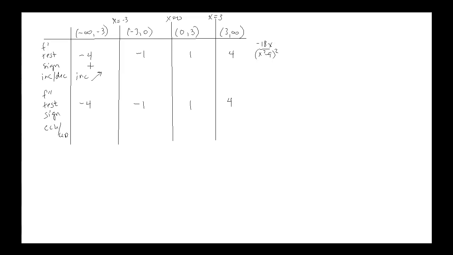It would be increasing on this particular interval. Same thing for negative 1, negative 18 times negative 1, that's positive, still increasing. Okay, if I plug in positive 1, negative 18 times positive 1 is negative. It'd be decreasing. And then if I plug in 4, that's also going to be negative, decreasing.